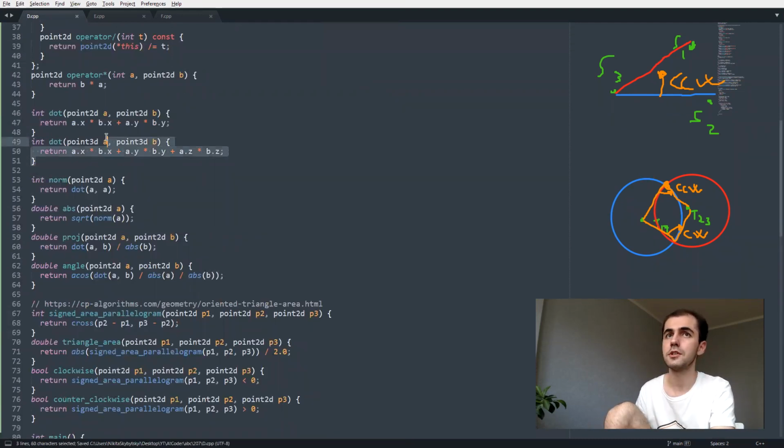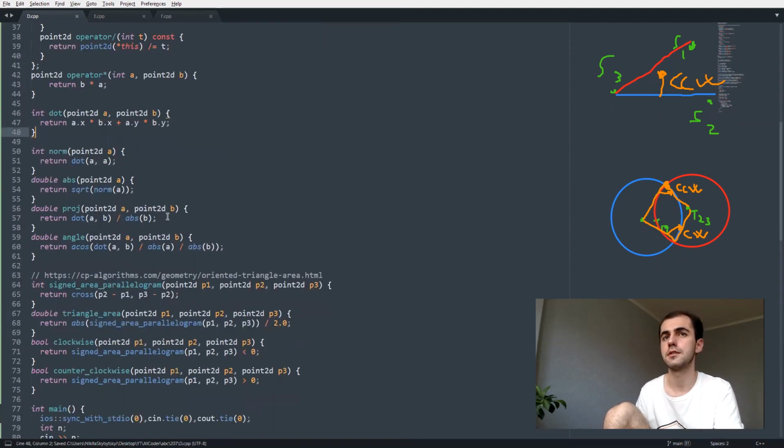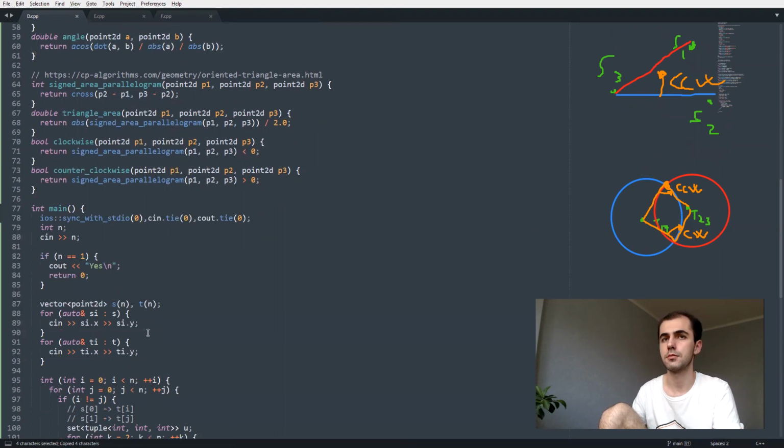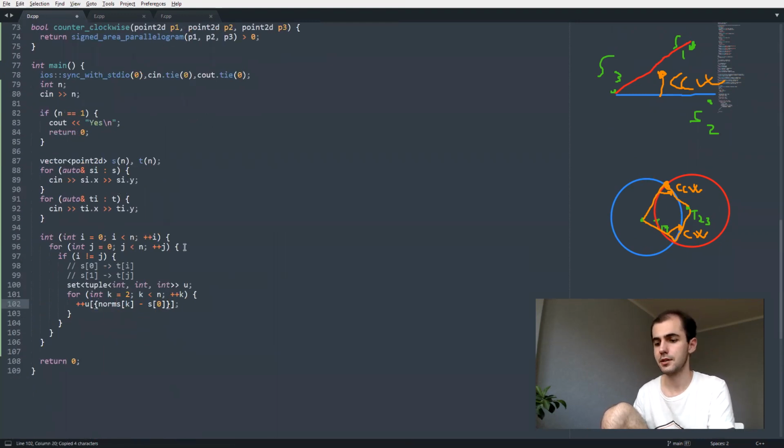Points 3D, we don't care about those. Angle, projection, not so. What I care about is norm. I'm gonna call norm of that as the first argument.